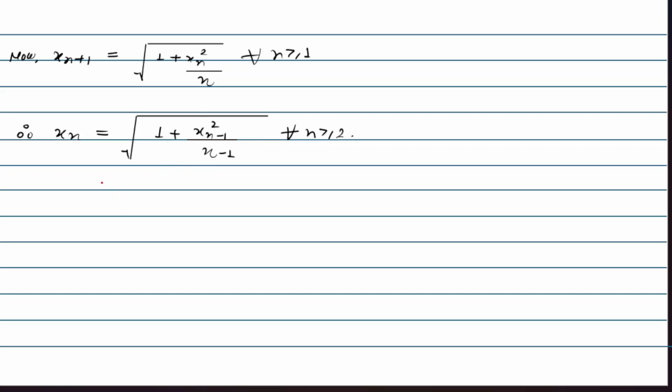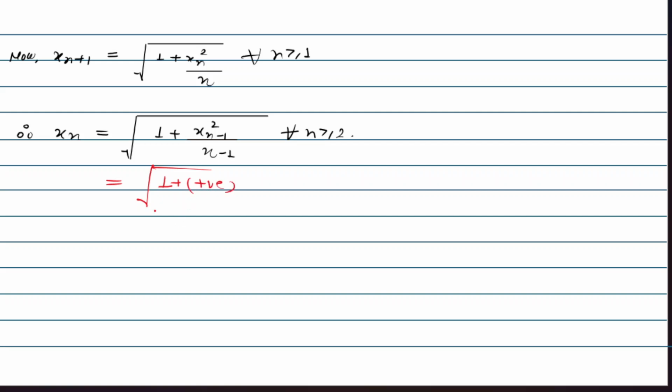So we are getting the square root of 1 plus some positive thing.